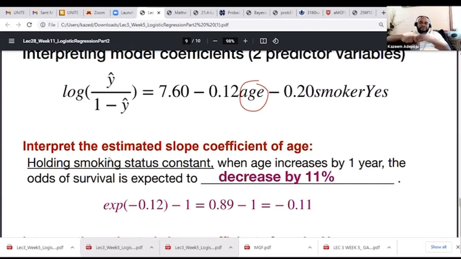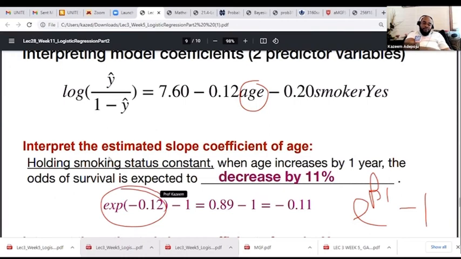If I want to talk about odds of survival, the odds of survival is expected to decrease. How do I get 11%? Don't forget, you've got to do that. Remember that we did the other time, which is exponential raised to power beta 1, minus 1. You're going to take the absolute value of that, and that will give you 0.11.